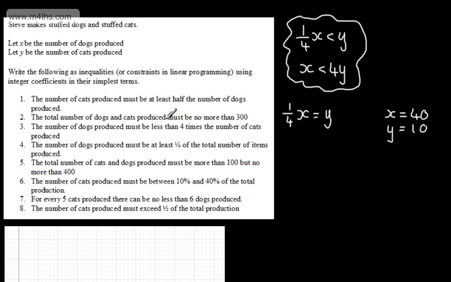Now let's just look at this. The number of dogs produced must be less than 4 times the number of cats produced. We can see now that this is 4 times the value, and we simply introduce the inequality. So that's how I'd write it if we weren't asked for an integer coefficient. This is with the integer here being 4.